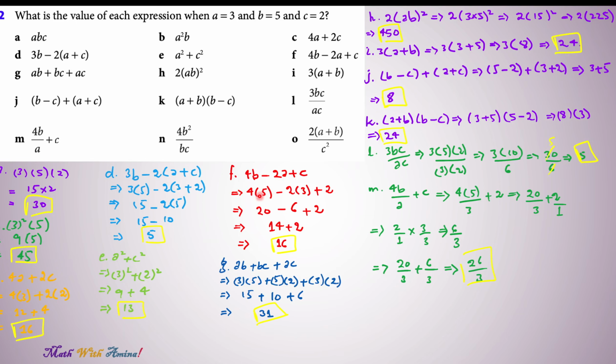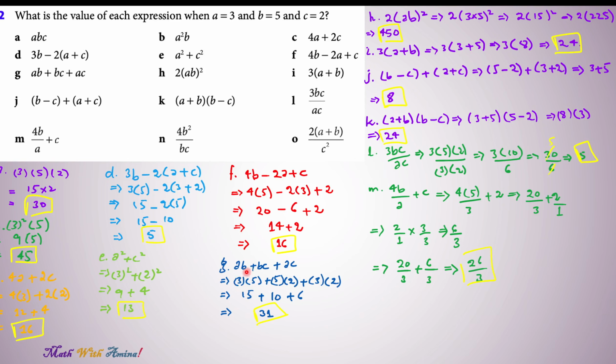As you can see, our expression has addition and subtraction as well, but as per the rule, multiplication takes place first after replacing the variables with their values. After the multiplication, we do the addition and subtraction. So 20 minus 6 is equal to 14. 14 plus 2 is equal to 16.